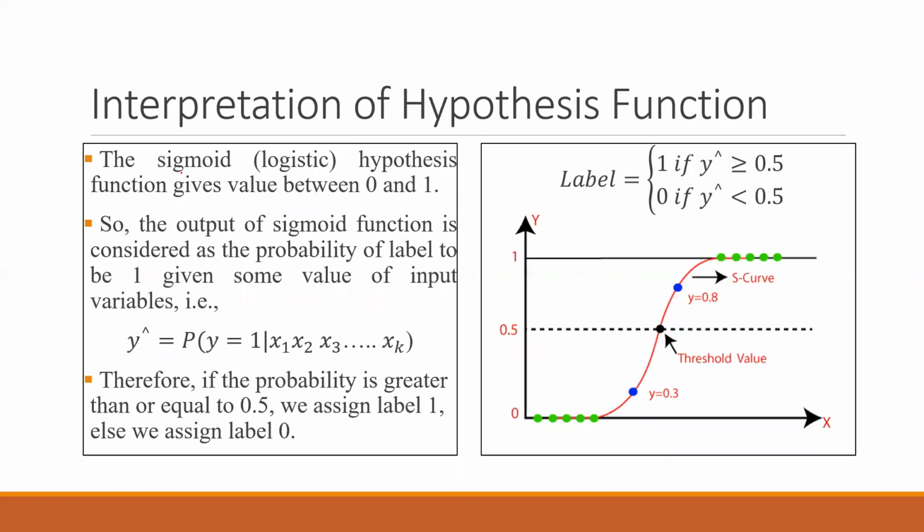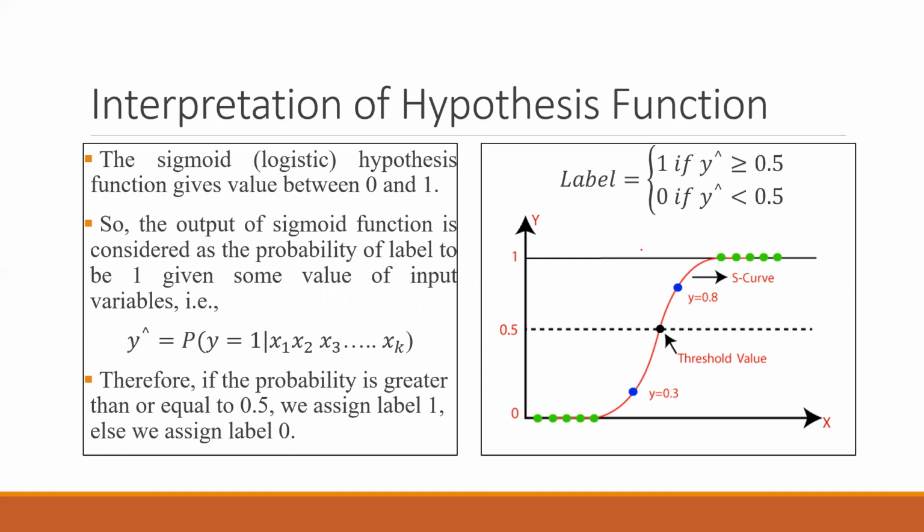So now the sigmoid or logistic hypothesis function gives a value between 0 and 1, which we have already understood because of those infinite values we have tested. The maximum value you can achieve is 1 and the minimum is 0. So the output of the sigmoid function is considered as the probability.